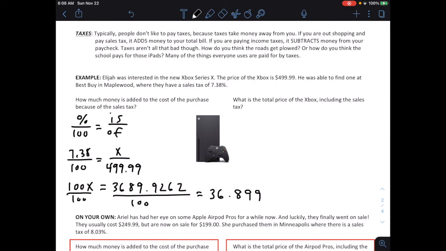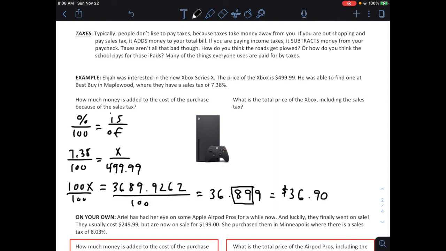Since that last number there is a 9, I need to round the previous number up to a 10. Well, when I round it up to a 10, what I'm actually doing is taking that 89 and turning it into a 90. Okay, so the total tax here is $36.90.